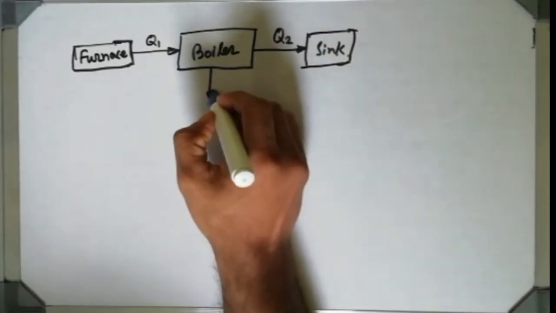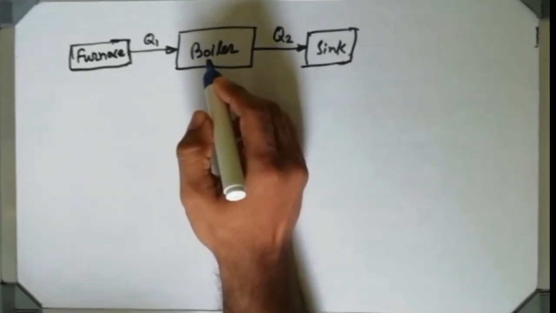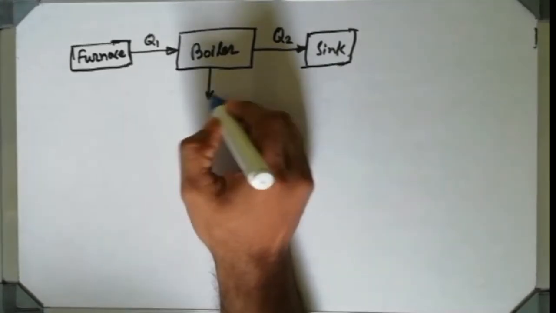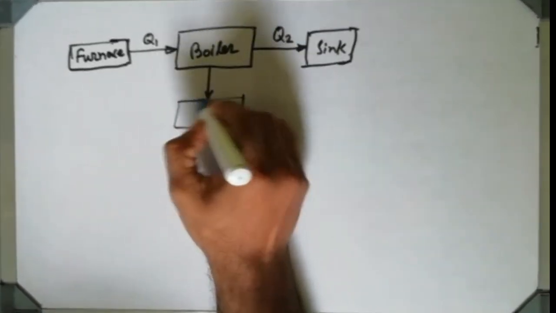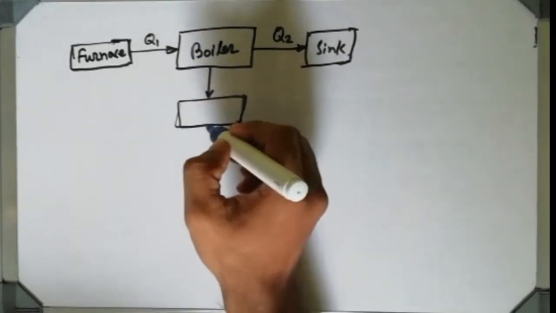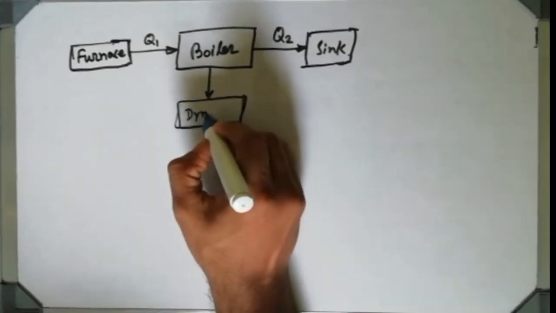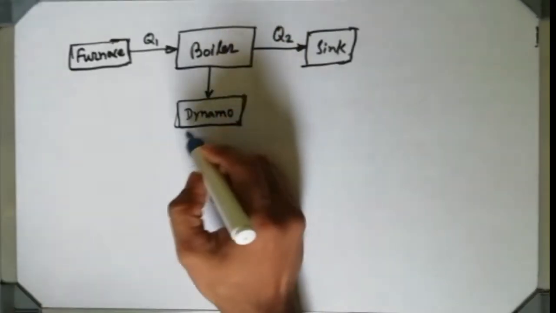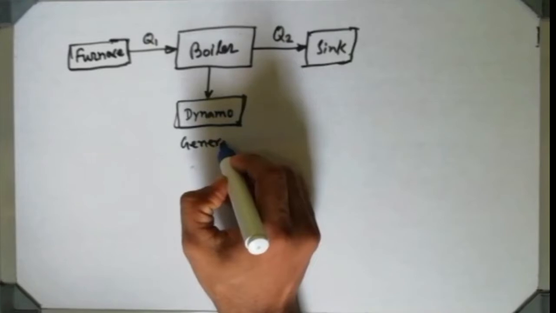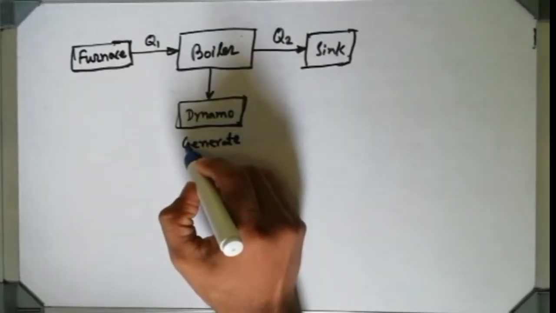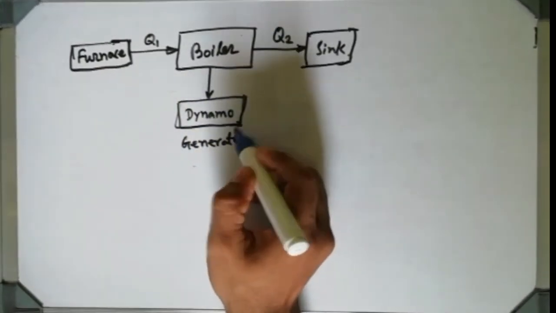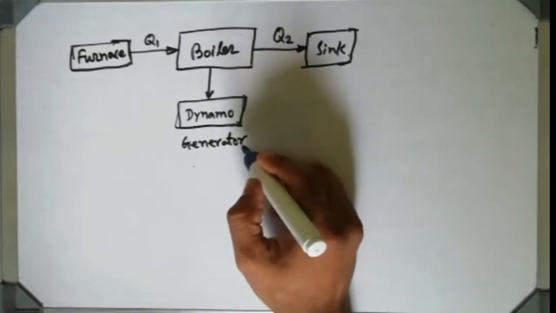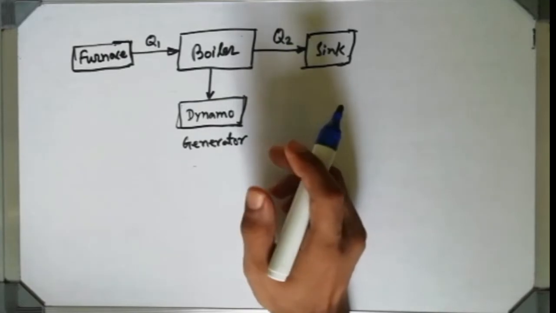And from the boiler, basically what is coming out, that is the turbine rotation. Now the turbine rotation will be supplied to the dynamo, and you electrical people are very well known about the dynamo more than me. So dynamo is basically a generator, so it will generate the electricity. Basically we randomly say that it will generate electricity, but we all know that no one can generate energy.